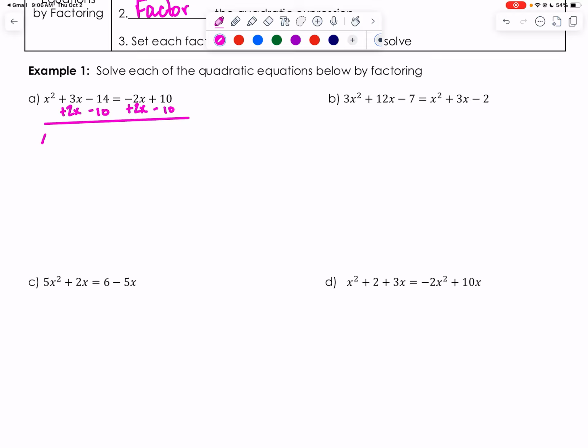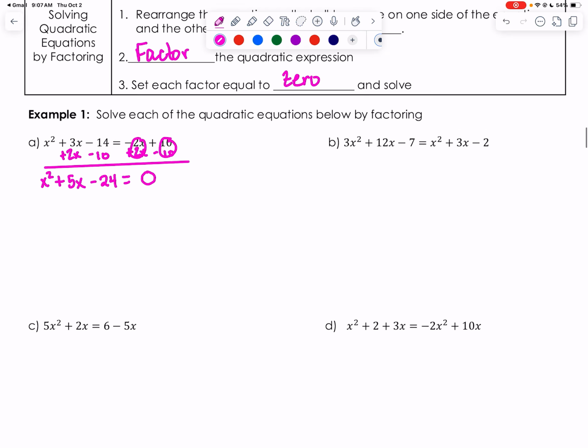So there was nothing to combine with x squared. 3x plus 2x is positive 5x. Negative 14 minus 10 is negative 24. And on the other side, negative 2x plus 2x is 0. 10 minus 10 is also 0. So the only thing we have left on the right side is 0. So we've completed step 1.